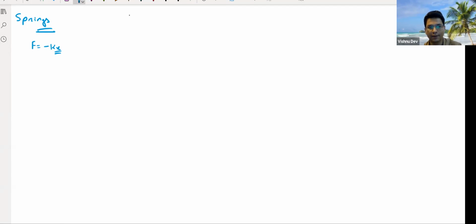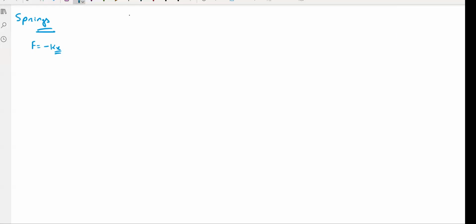Either you talk about spring or rubber or any elastic substance, both will have the same kind of restoring force, which will be proportional to their change in length. Yes or no? Now, if I'm talking about a spring, we know that change in length, delta L, is given by what?